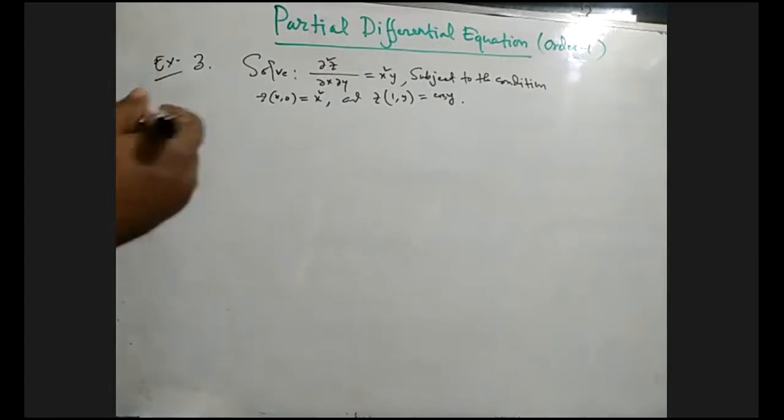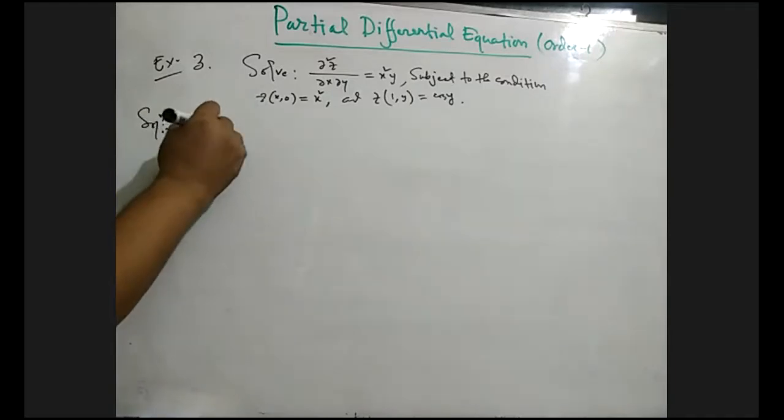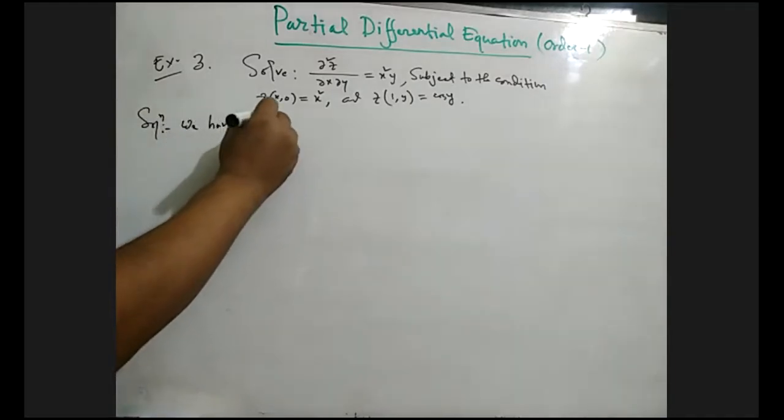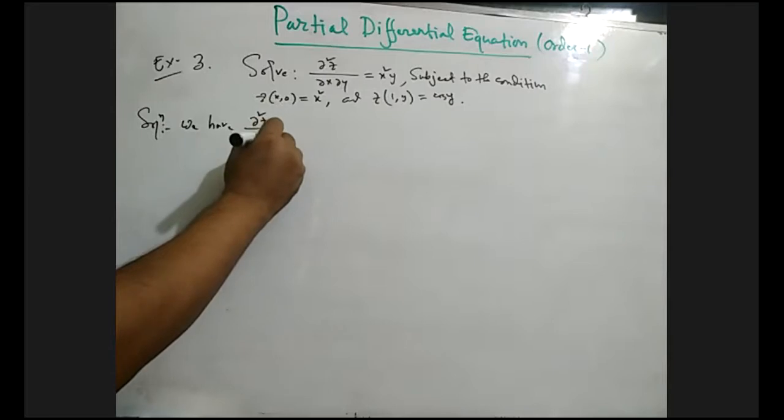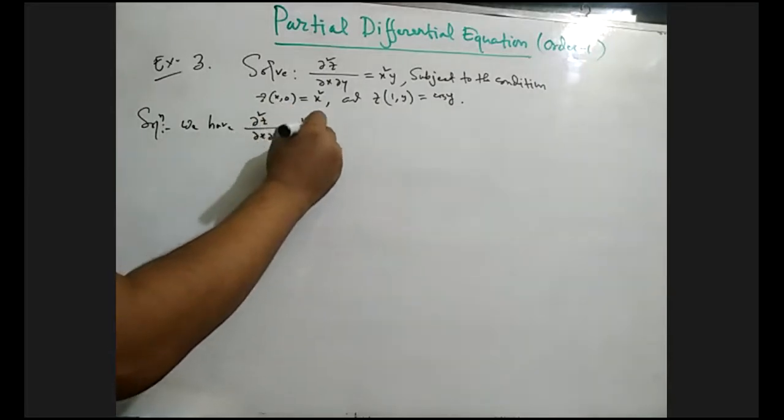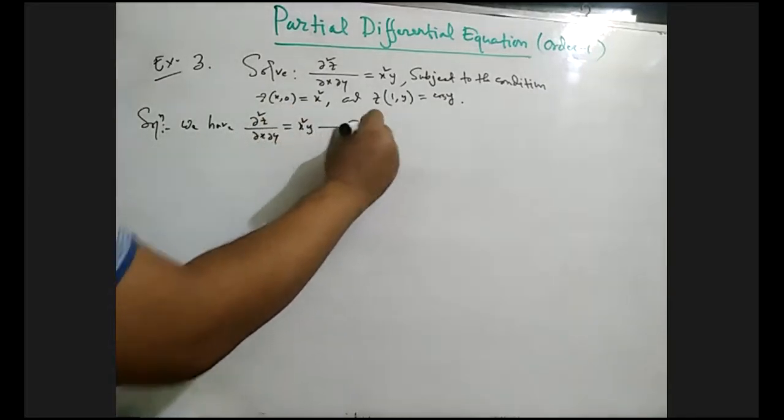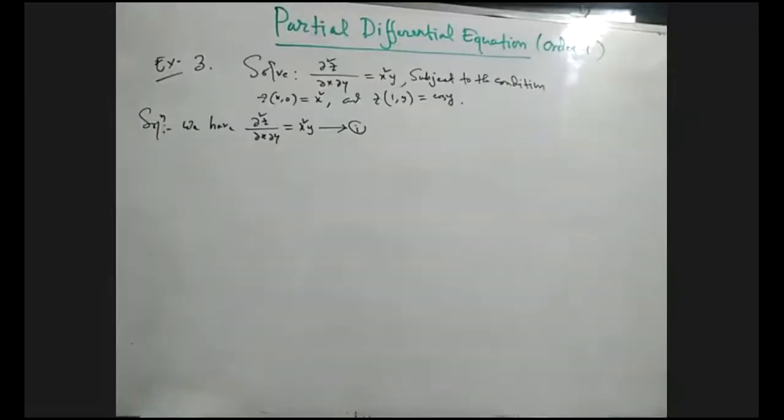Now we have the equation: del square z by del x del y equals x square y. This is equation number 1.